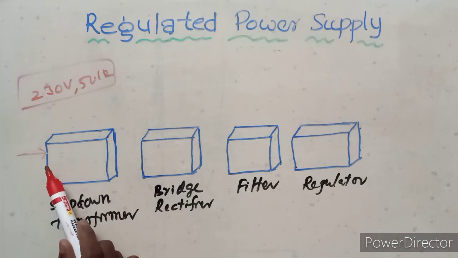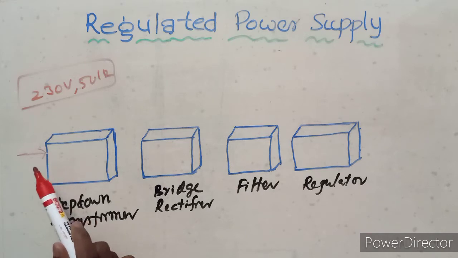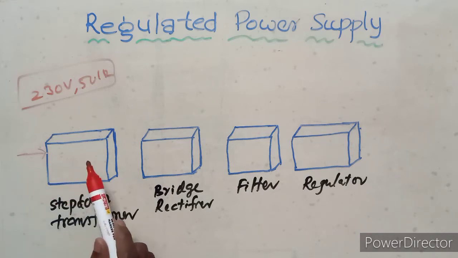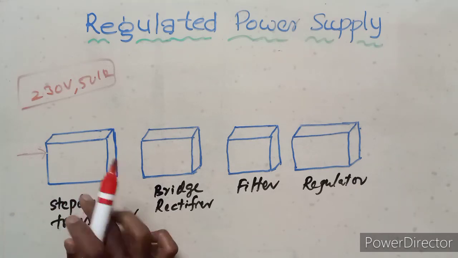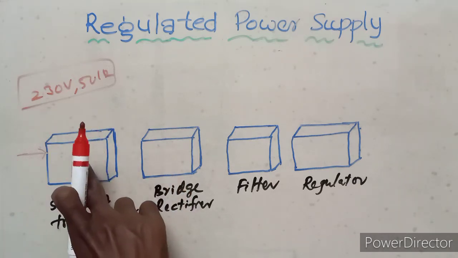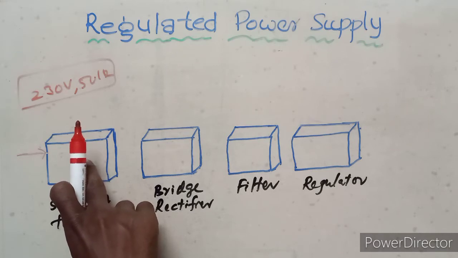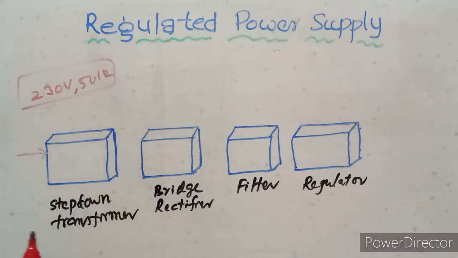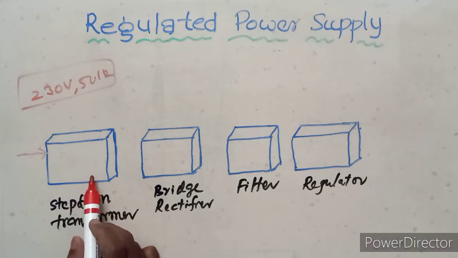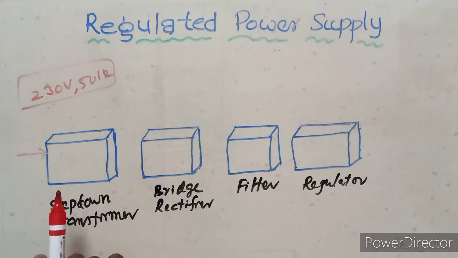It steps down the high voltage. The step down transformer converts the high voltage of the AC mains to low voltage. The step down transformer will step down the AC mains voltage to the required voltage.